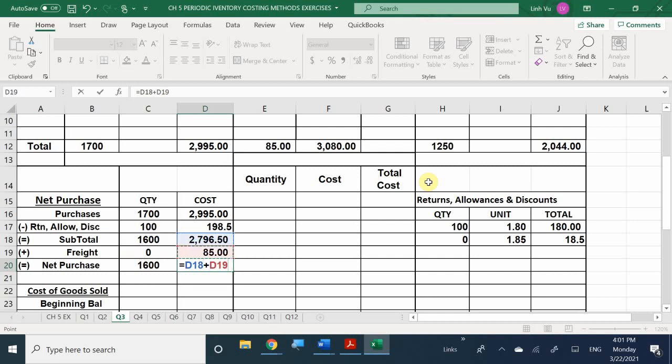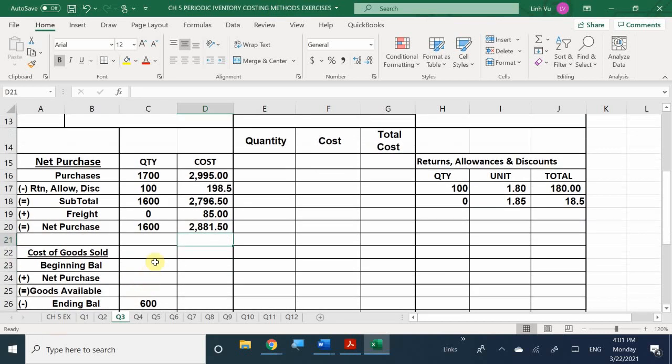So what is my total cost of my net purchases? 2,881.50. All right.